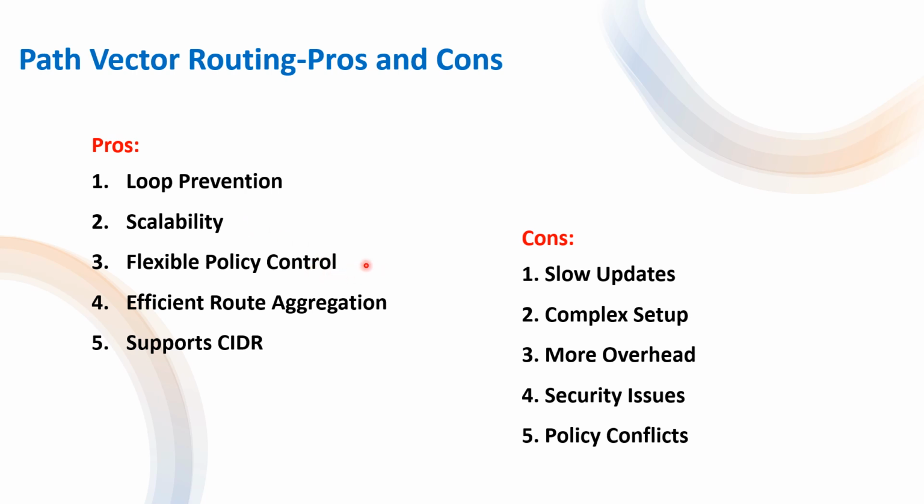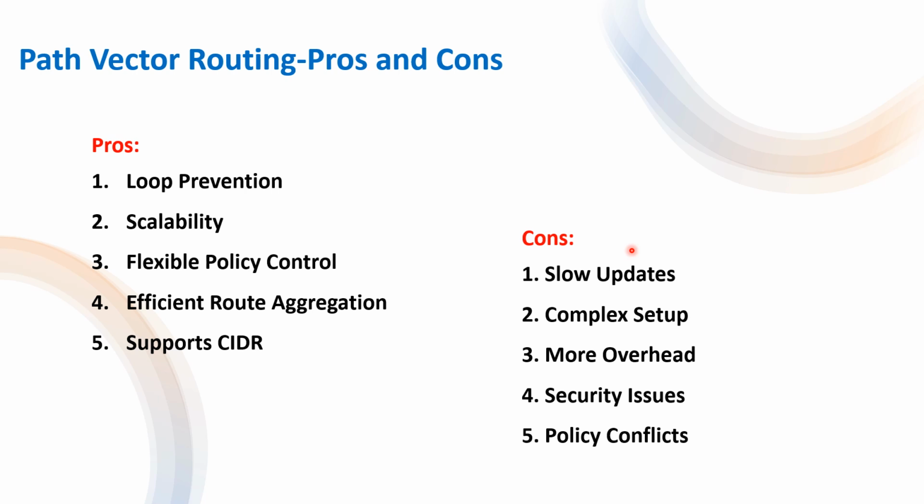Network operators can choose routes based on business needs or policies, not just shortest paths. It reduces the routing table size by summarizing multiple networks into a single route. It helps manage IP addresses more efficiently because it supports classless inter-domain routing.